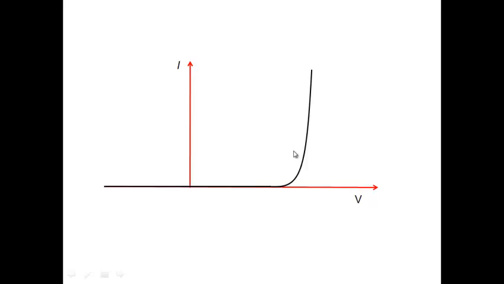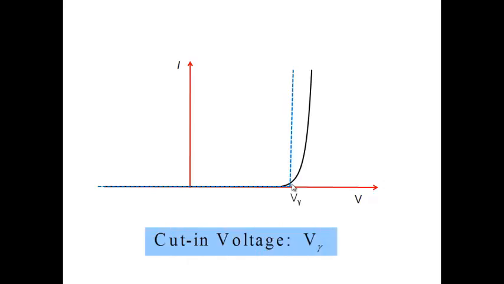And what we are saying is that we are approximating it by a straight line, and we are calling this V gamma. The words that are used for this are cut-in voltage, offset voltage, and things like that. So we are saying that the diode can be described by a battery with a voltage V gamma, which we call the cut-in voltage. Typical values that we take for it range from 0.6 to 0.7 volt.